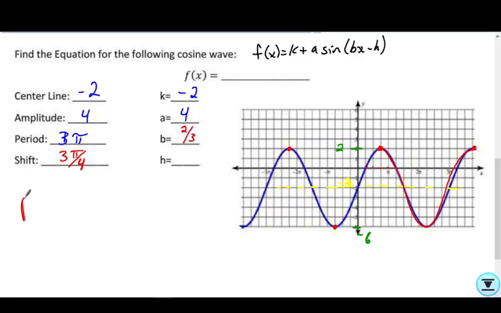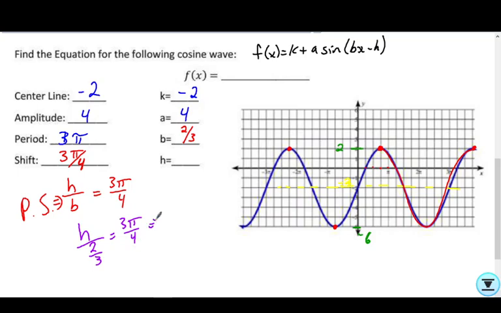But now I've got to find my phase shift. And phase shift is h over b. Okay. And I know that my phase shift is 3 pi over 4. I also know what b is. So we're going to plug that in. So we need to find out what h is. So h over 2 over 3 equals 3 pi over 4.